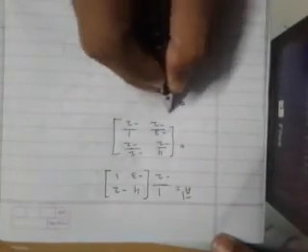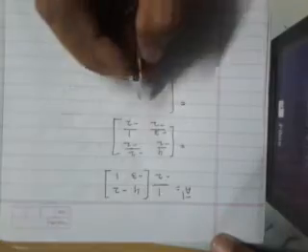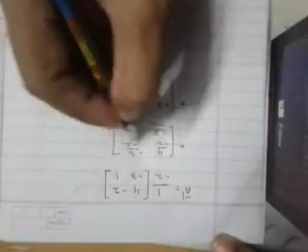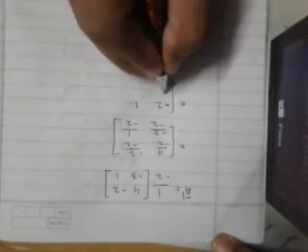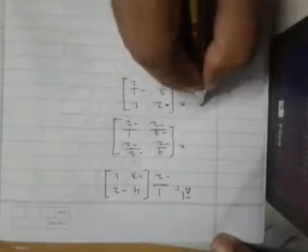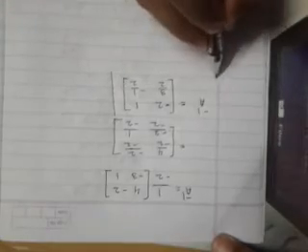So this gives minus 2, this cancels again, minus and minus is plus, this term is 3 by 2, and this term will give you minus 1 by 2. So this is our A inverse matrix. This is the final answer, the inverse of the matrix by the adjoint method.